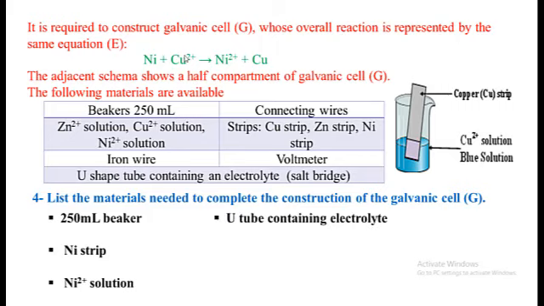Number 6, explain why after a certain time the intensity of the green color of the nickel solution increases, whereas the blue color of the copper solution decreases. As you can remember also, the intensity of the solution depends always on the amount of ions inside it.